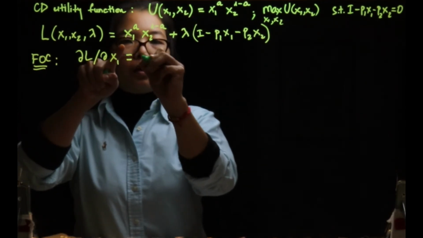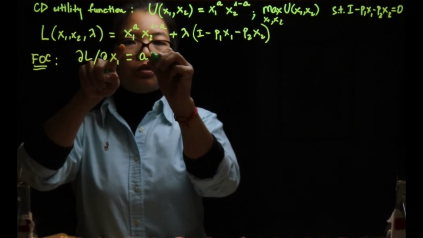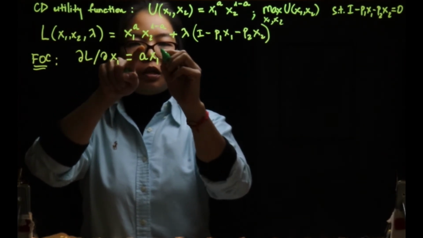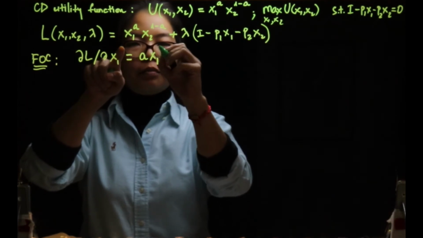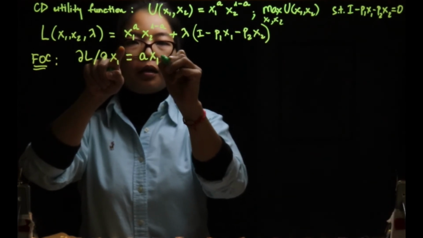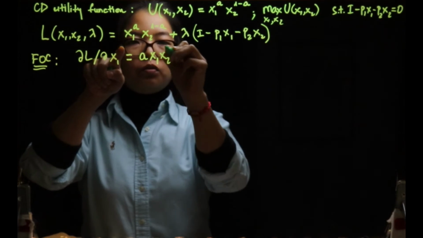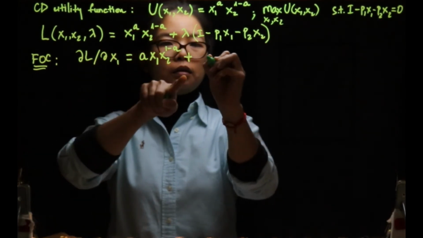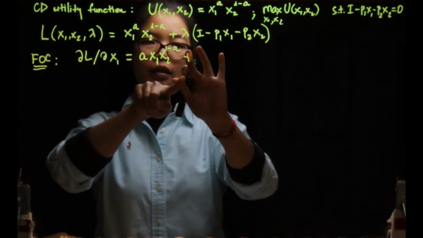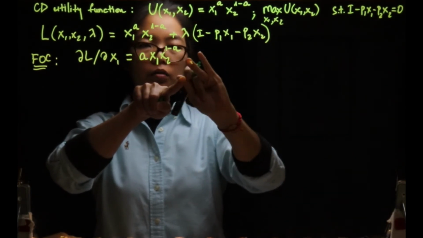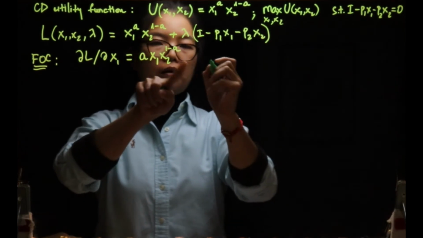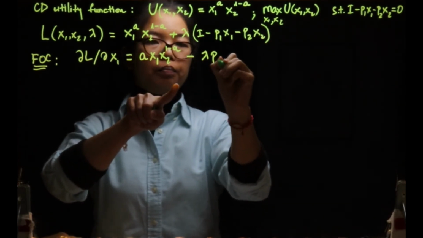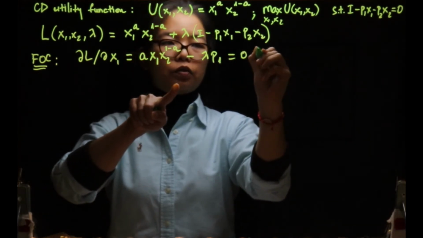The exponent goes first. Actually, we could just take the result that we derived last time with the slope, but okay. So x2 to the power of 1 minus a remains, minus lambda times P1 equals 0.